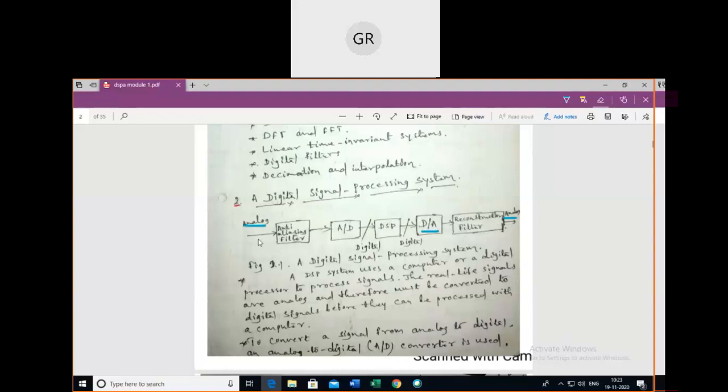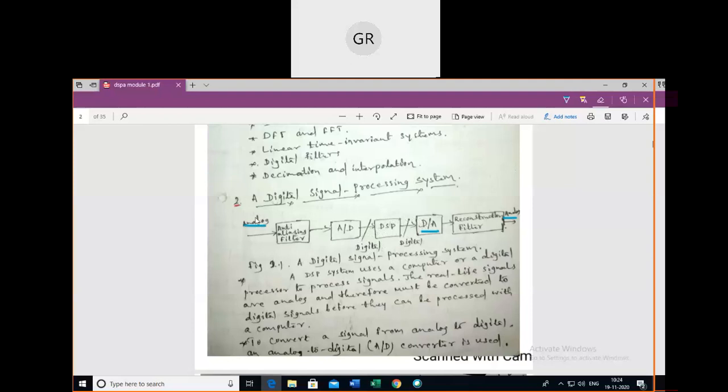Here in real life we have signals in analog form. Therefore that analog signal can be converted to digital using the analog to digital converter. Why? Because the processor can process only a digital signal.